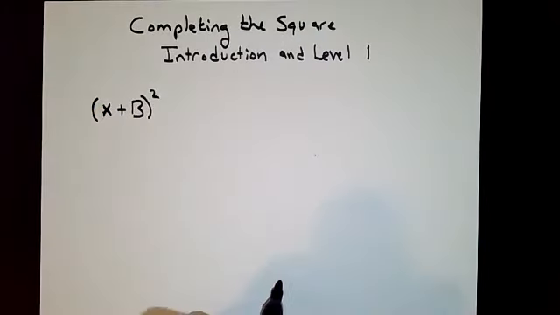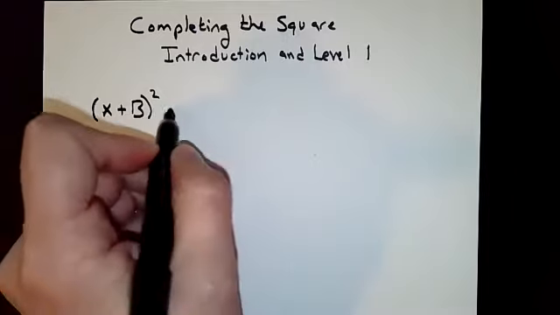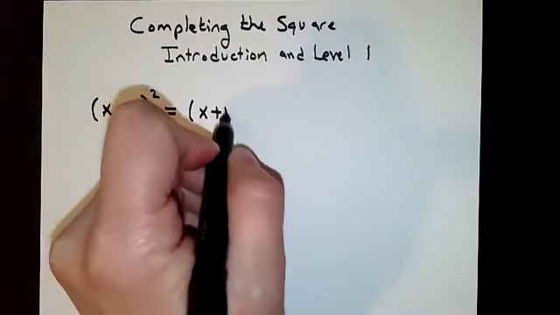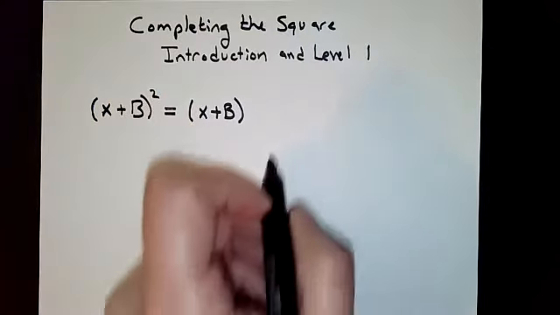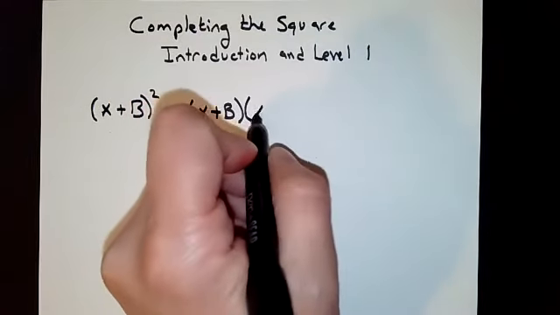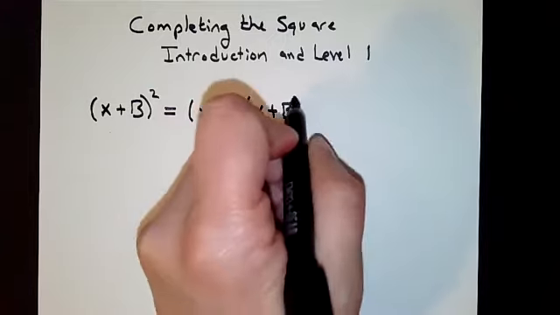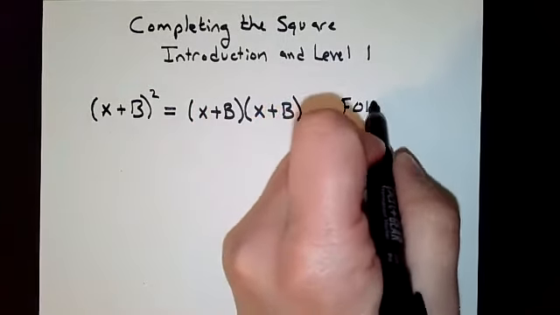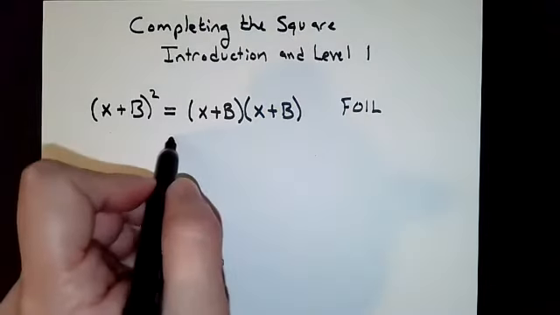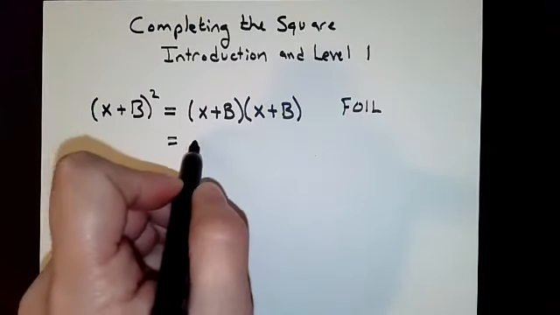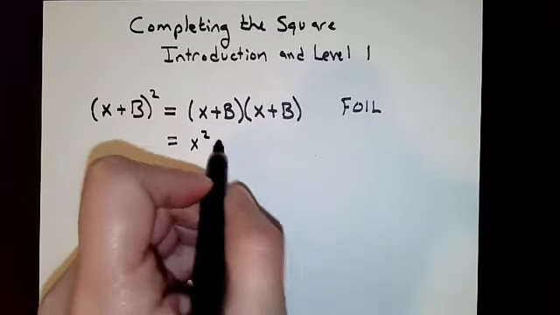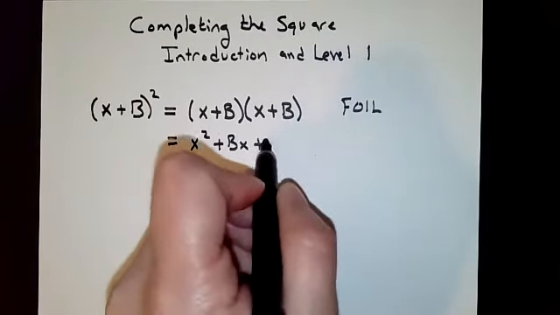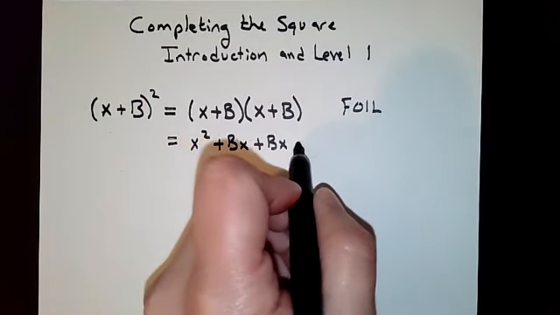And we square that. So if this is what we're working with, then to square it, we're supposed to take x plus capital B and multiply it by itself. To multiply this requires FOIL. And so when we FOIL it out, firsts, outers, inners, and lasts.